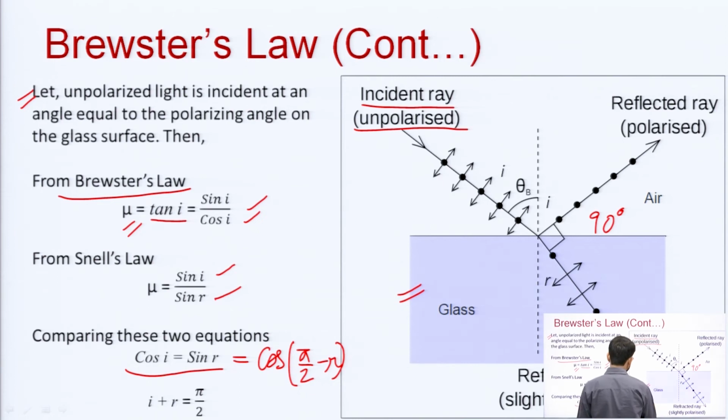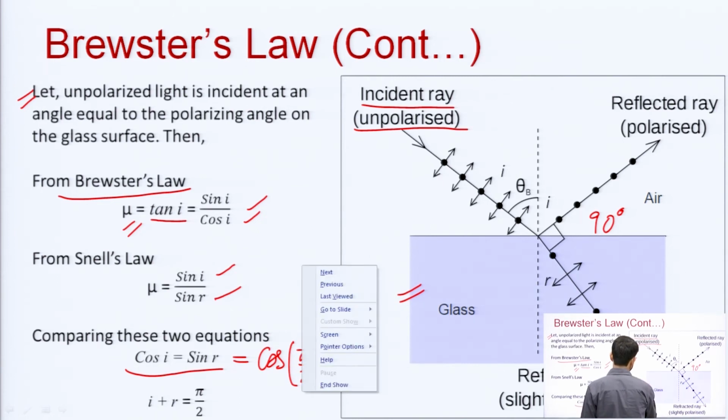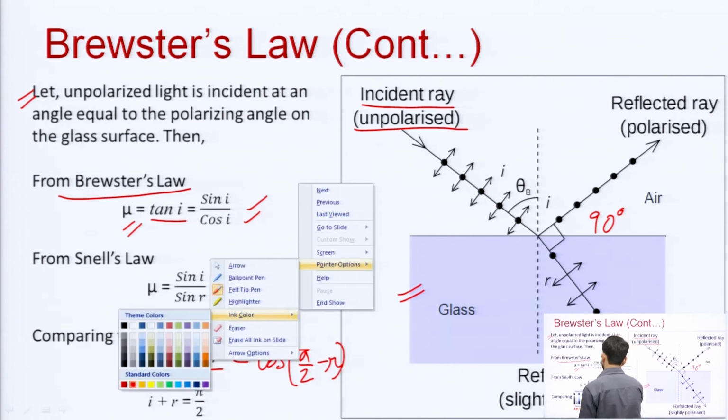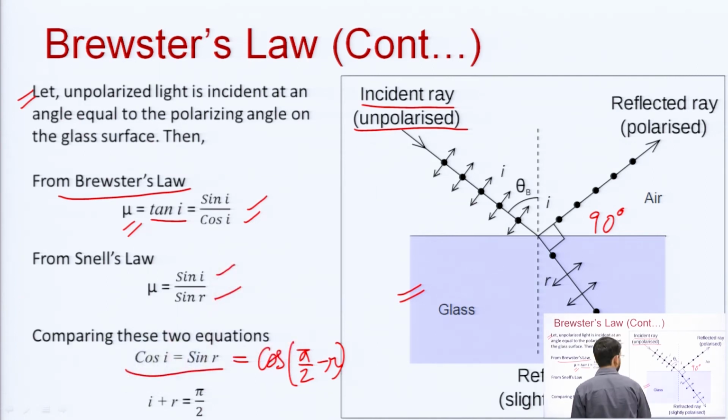According to this law, I plus R is equal to 90 degree. Where is angle I? This is I and this is angle of refraction R. And according to law of reflection, this angle is equal to this angle.